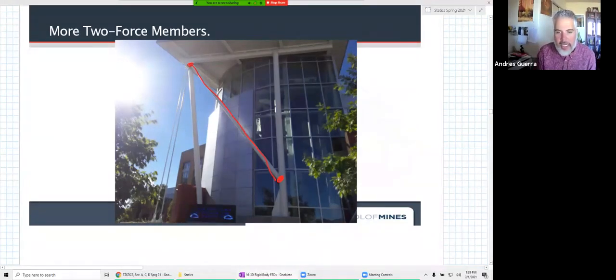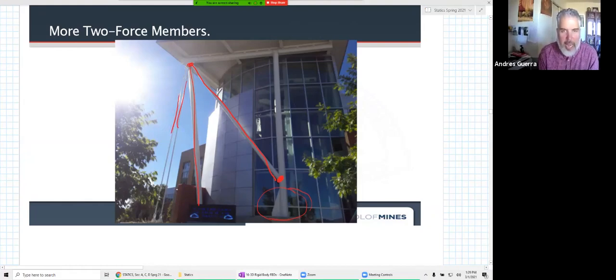To get a moment connection, you really have to beef it up like this one down here. This is probably a moment connection, but let's assume that these connections mostly behave as connections that do not carry any moment. So that's a two-force member. This right here is a two-force member. This is a two-force. This is a two-force.